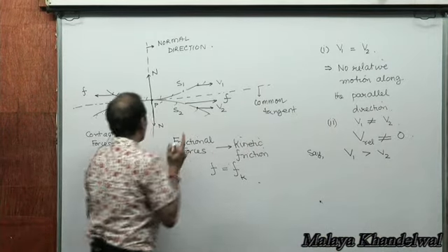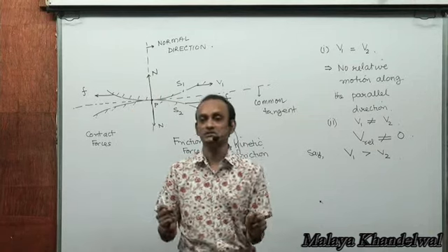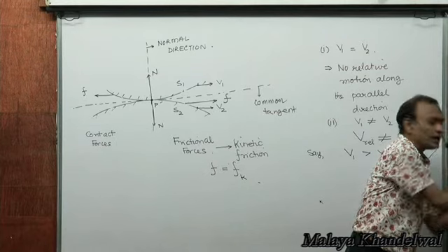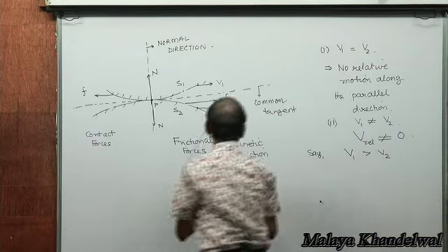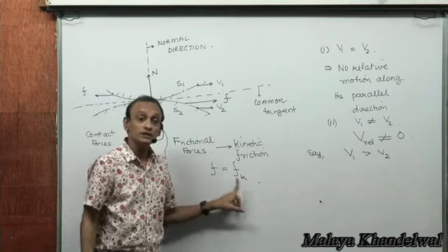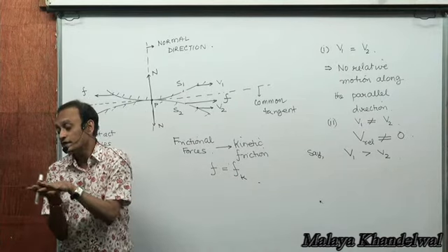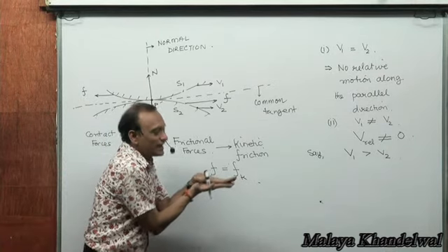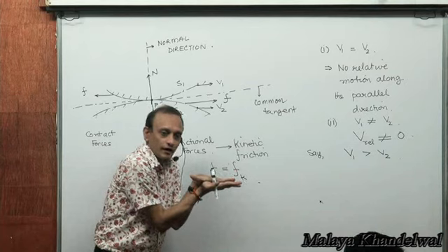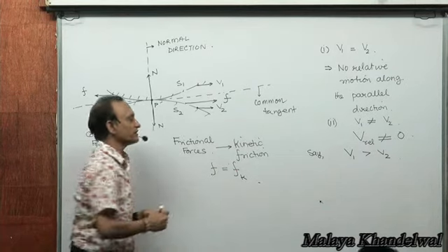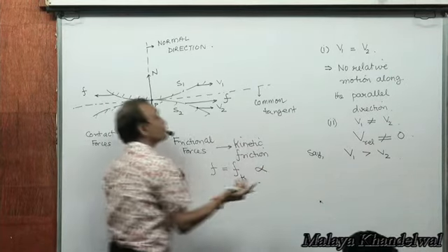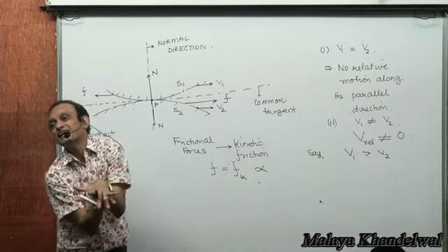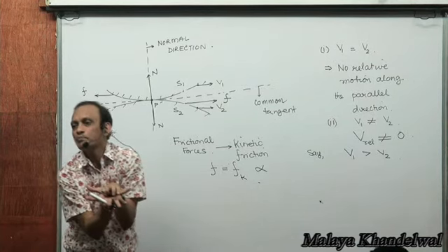And again, out of experiment, it is found that the kinetic friction between two surfaces where there is relative motion in the parallel direction is proportional to how intensely they are pressing against each other.